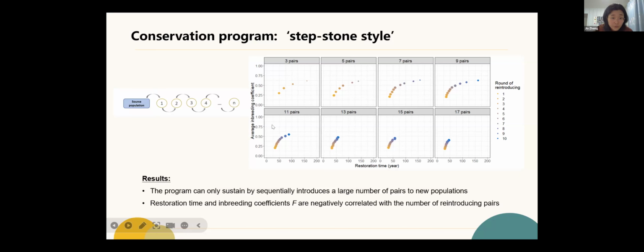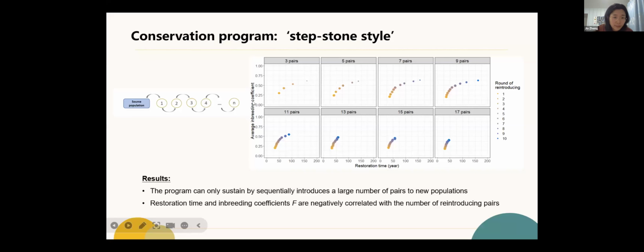And if you introduce even more pairs at each round, you can see that the restoration time becomes much shorter. For example, in the 17 pairs scenario, you really see a much shorter restoration time compared to the 9 pair scenario.